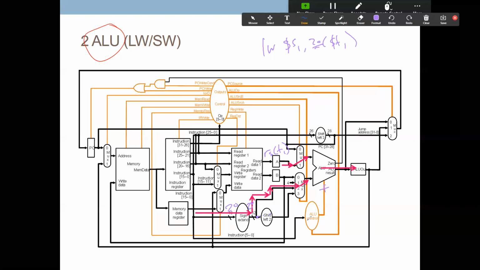So the ALU control code will be, I believe, 00, which is responsible for doing the addition. ALUOp 00 would map to add on the content. The resulting address will be stored in ALUOut so that you can later use it to access the memory.